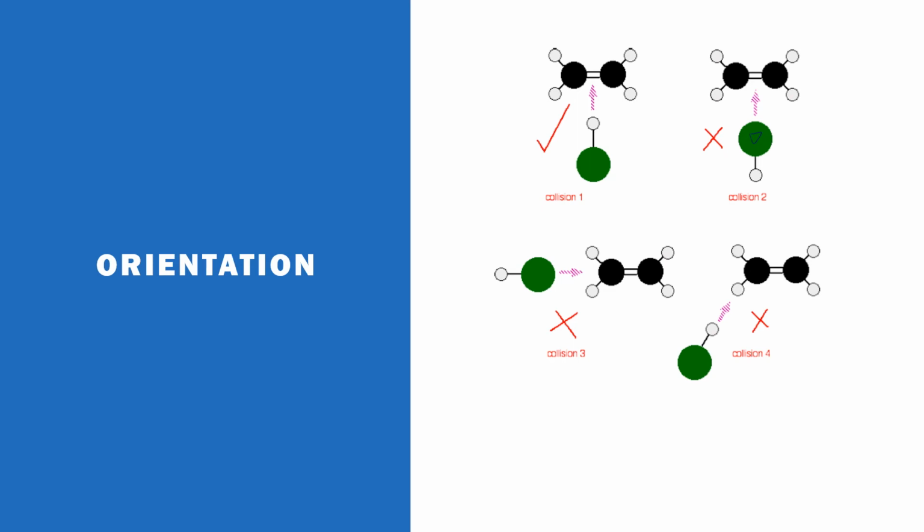Or I guess it could be chlorine, it doesn't really label. But whatever the atom is, if that bumps in instead of the hydrogen, then it won't react. Or if the atom bumps somewhere other than the bond, then it won't react. But it's very dependent on what molecules you have, what reaction's going on. So they're not going to ask you to draw a successful orientation. It's just one of the factors that affect whether a reaction can occur.